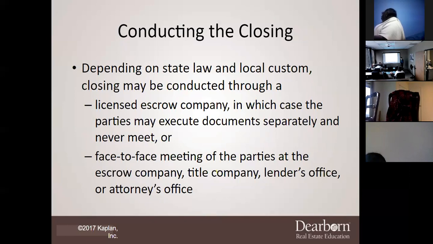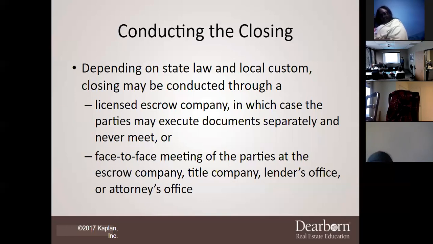So the buyer and seller will never meet in that scenario. Or there's a face-to-face meeting, and the parties will meet at the escrow company or the title company, or the lender's office or attorney's office, and they'll sign the documents. They'll sign all the releases and everything. And that will be a face-to-face.